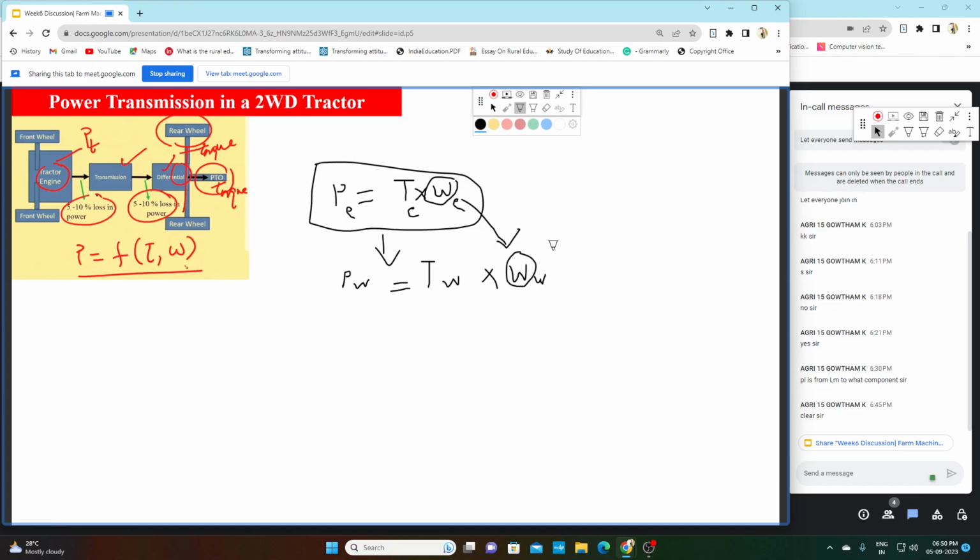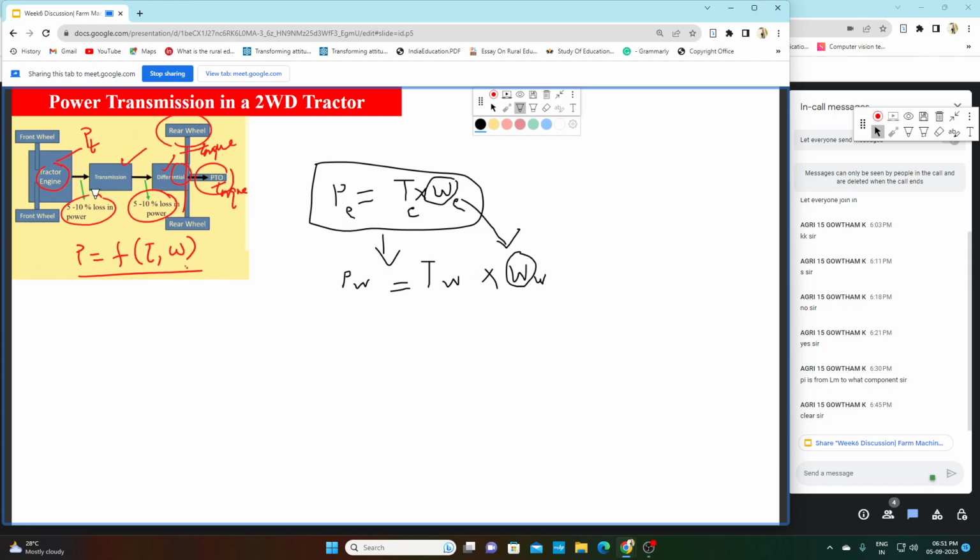If we give this angular speed to the rear wheel, it will damage the roads or the tire. So this high angular speed of the engine we cannot give to our rear wheels.